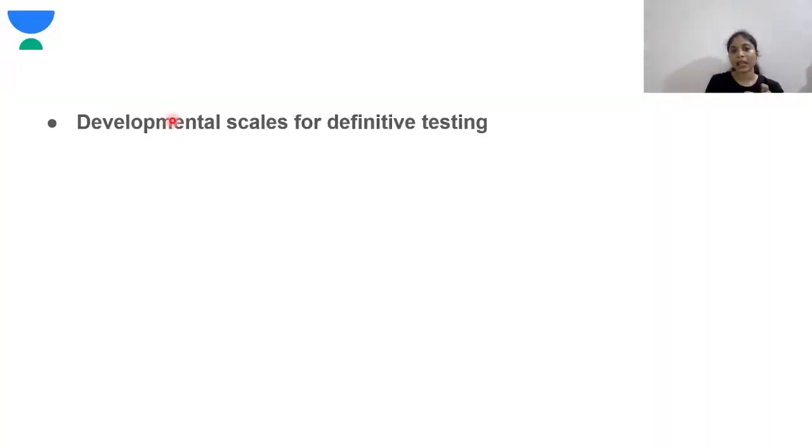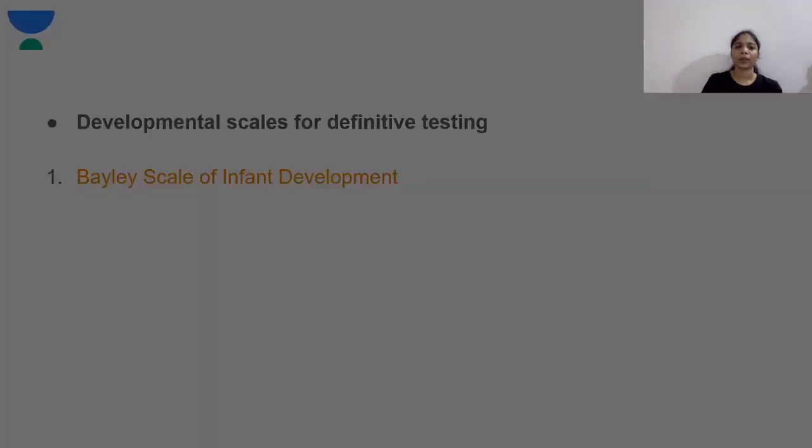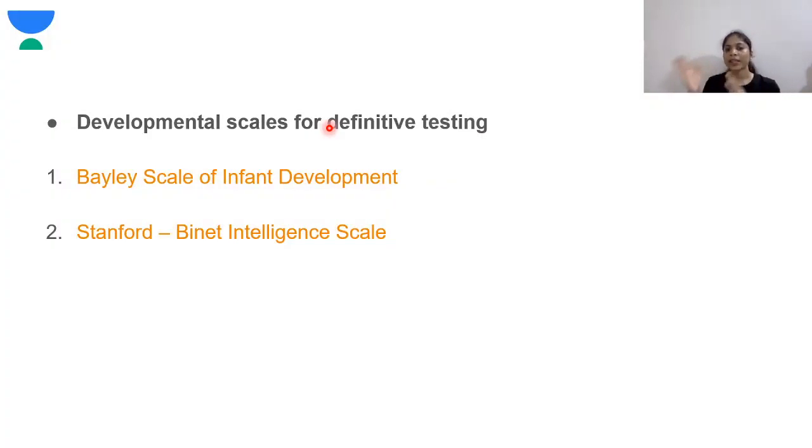So, developmental scales for definitive testing. Bayley scale of infant development: here all 4 domains, including gross motor, are assessed. Stanford-Binet intelligence scale: this scale is mainly where you can calculate the intelligence quotient, and this is done in people up to 80 years.